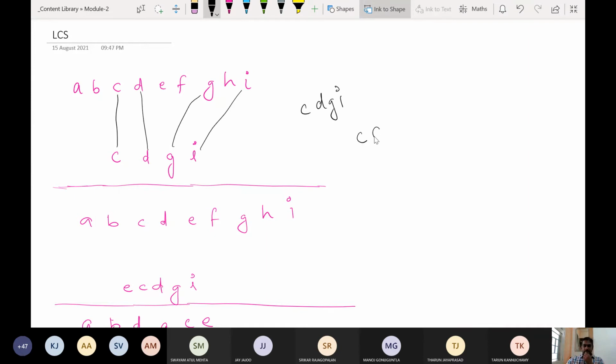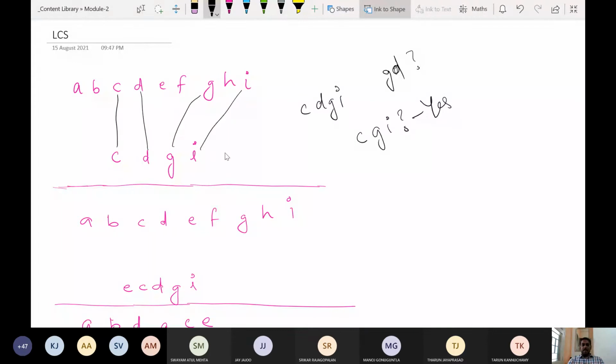If I ask you, is CGI a common subsequence? Yes, it is, but not the longest. Even DGI, CI, all these. But what about GD? No, because D is coming after G.